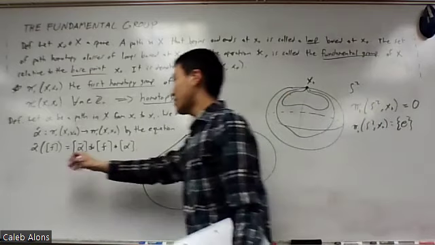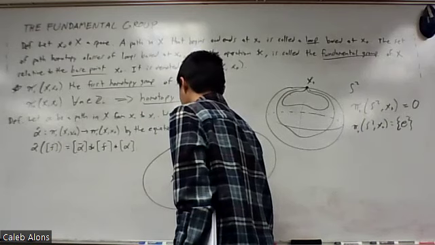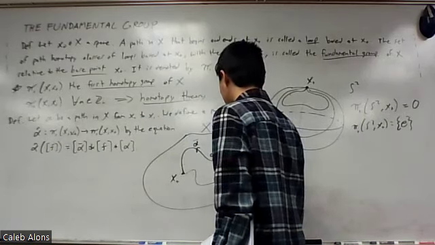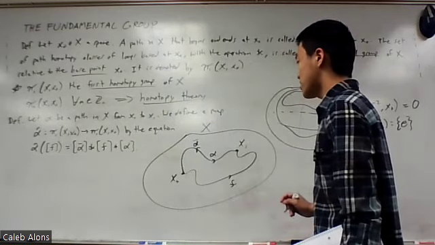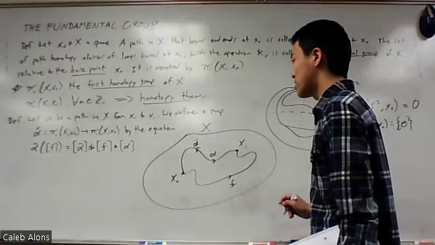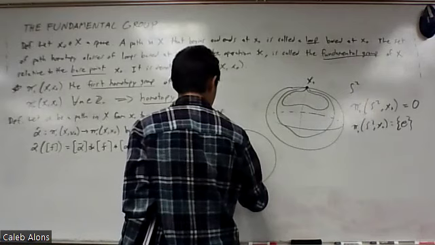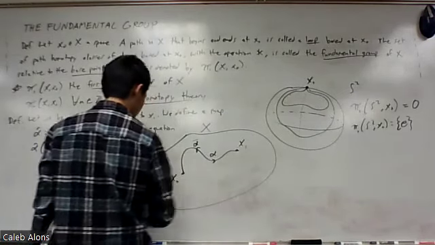And what I'm claiming is, if I want to take some other equivalence class, any other path that would be homotopy equivalent to this, it would actually have to be a loop on X naught.